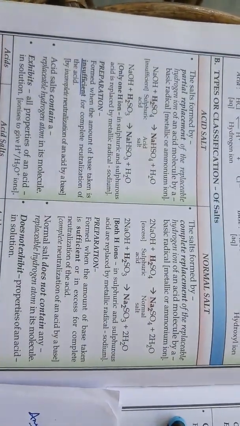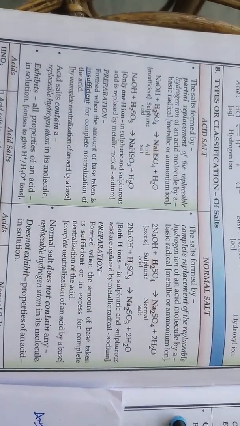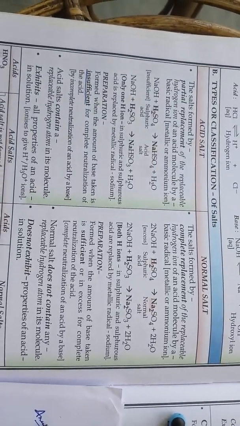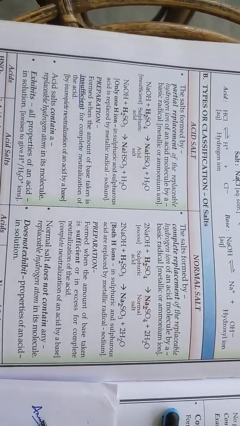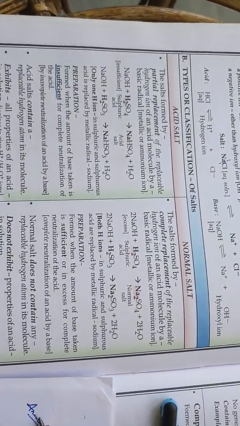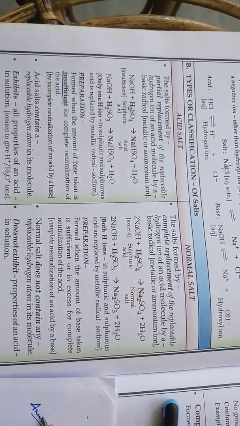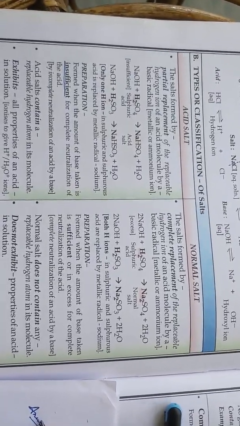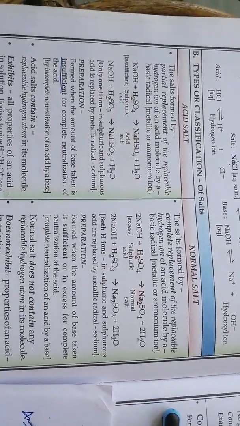Now types of salt, or classification of salt: acid salt. When acid and base react, and if it replaces partially the hydrogen ion, it means it contains a part of the hydrogen ion, then it will be an acidic salt, because H in the compound gives an acidic effect.